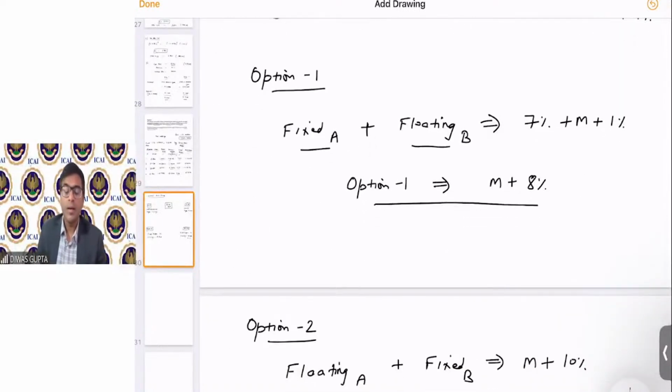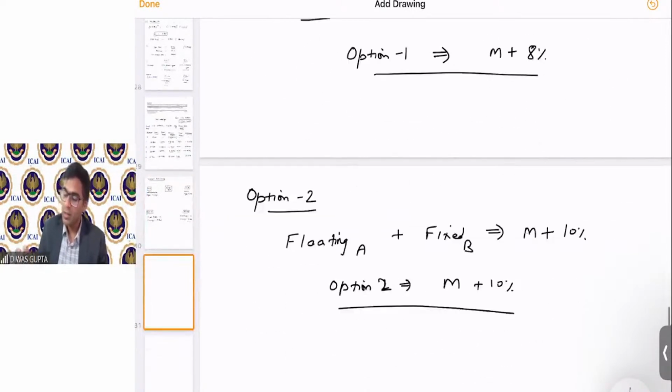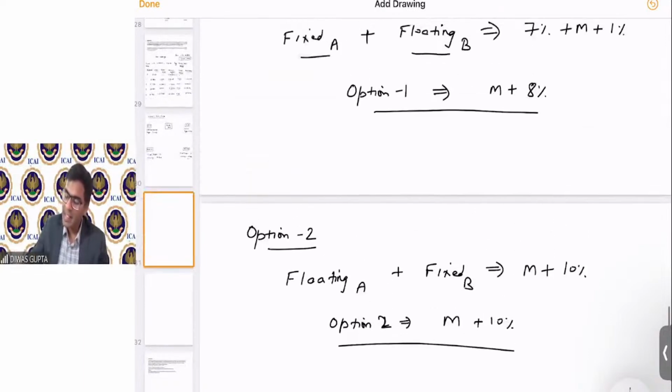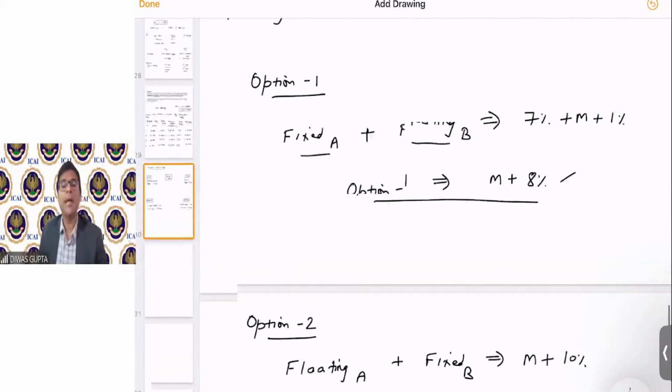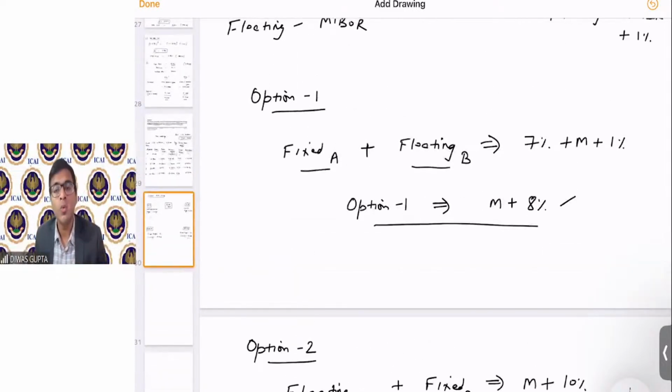Because Swap Bank says that option 1 is more feasible because in option 1 there is a reduction of 2%, M plus 8, M plus 10. At an overall level, there is a reduction of 2%. So what Swap Bank is saying, all of us can benefit with that 2%. It's just that for A, you borrow in fixed, for B, you borrow in floating. Rest I will manage how to do.